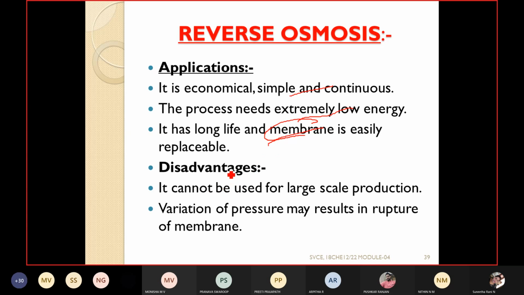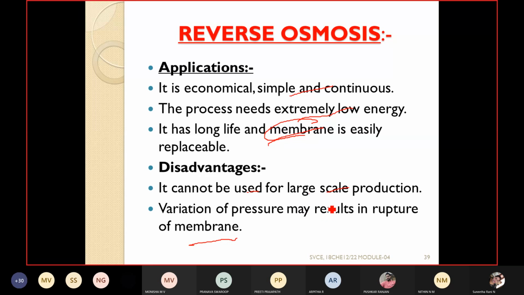And if you look at the disadvantages, it cannot be used for large scale production. It is only small scale production. The size cannot be increased, because as the size increases, you need membrane on a large scale. That is one disadvantage, and the other is that variation of pressure may result in rupture of the membrane.